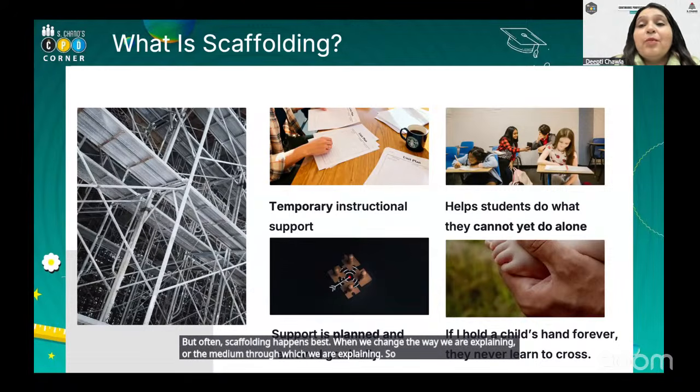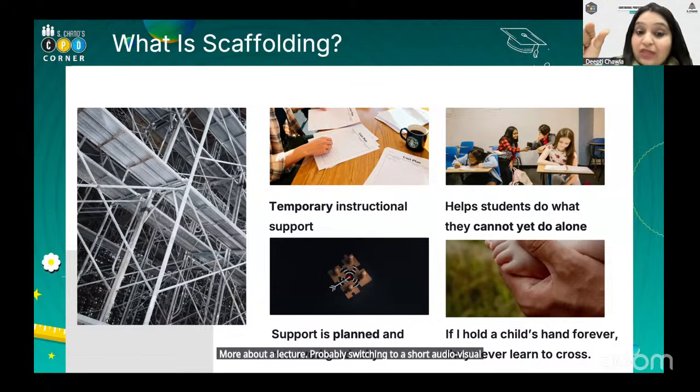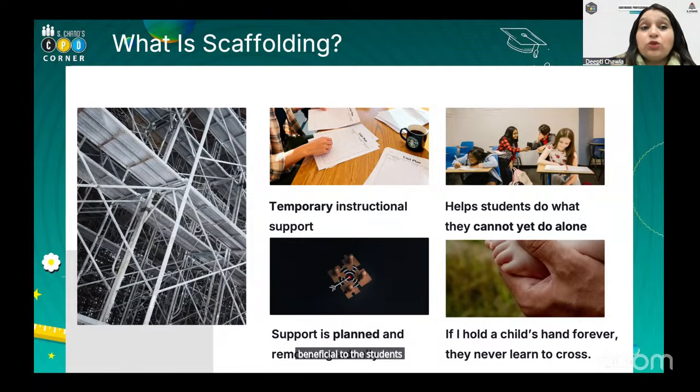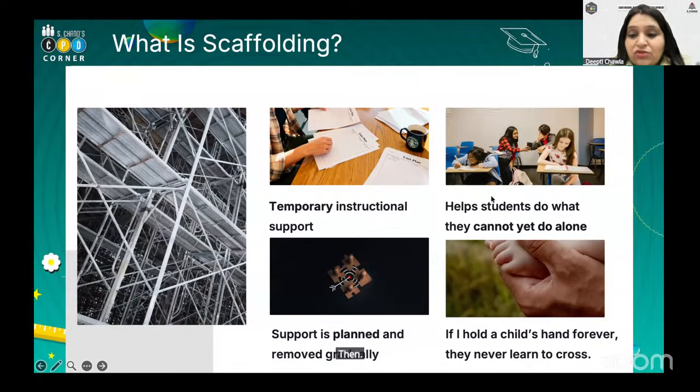So if it is more about a lecture, probably switching to a short audio visual support is beneficial to the students, or it could be experiencing something hands on, or observing something in real life. So that sort of summarizes temporary instructional support for you. Then it helps students do what they cannot yet do alone. Again, this is important.